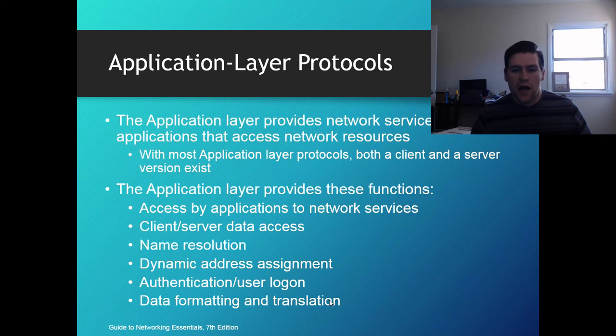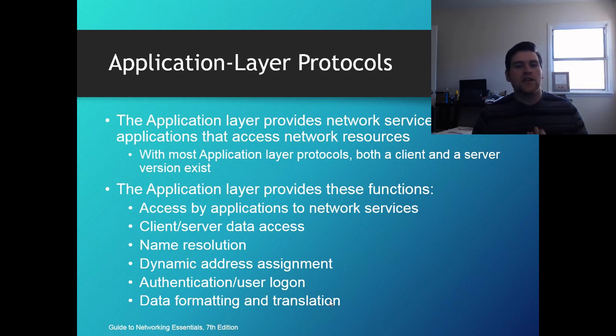You also have client and server data access. Of course, that's sort of the basic description of most network communications, is a client requesting resources from a server. Okay, that's really what it comes down to. Okay, and then name resolution happens at this layer. We'll talk about that in more detail. Dynamic address assignment, again, more detail later.